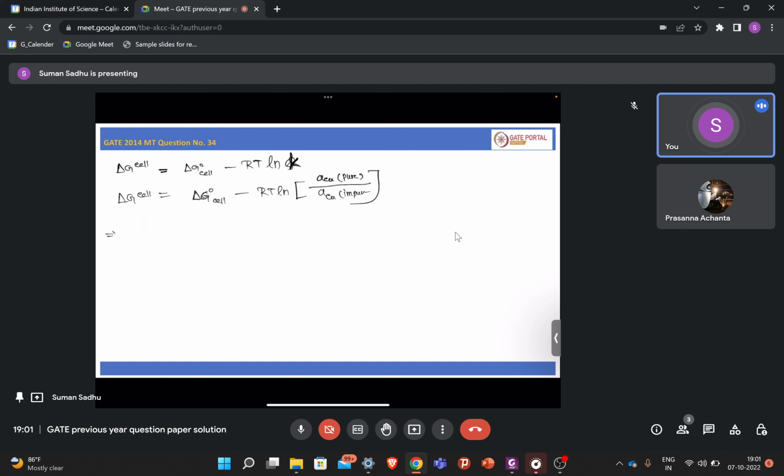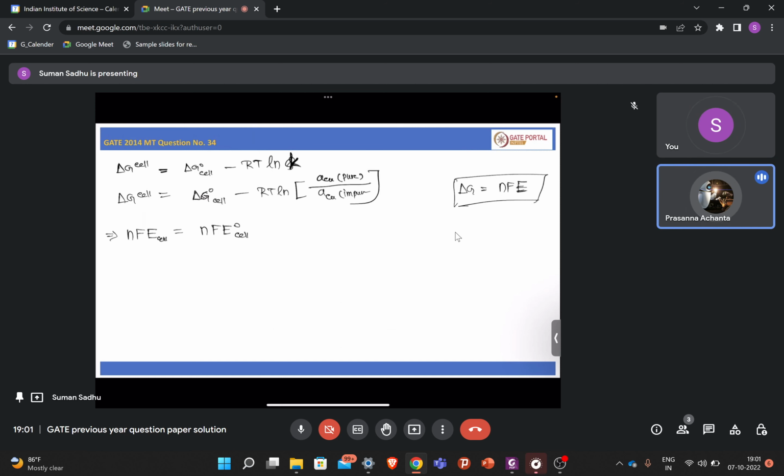And delta G for the cell reaction you can write in terms of number of moles and Faraday constant, and E: delta G is equal to nF into E naught cell. So for electrolysis, delta G is nF into E, the voltage value.